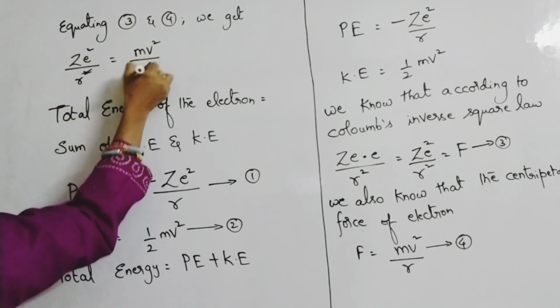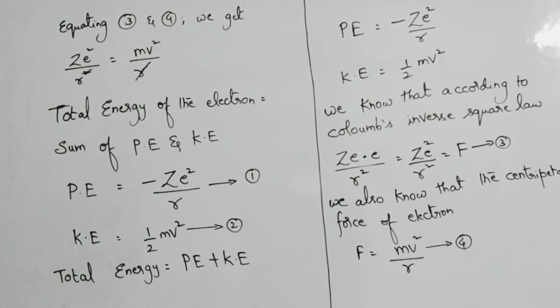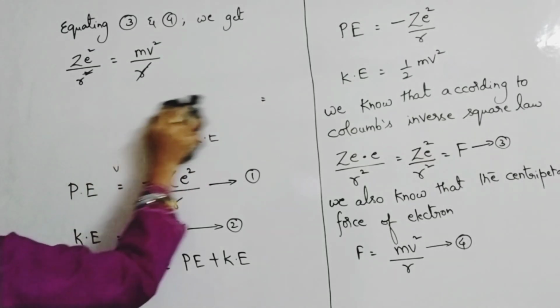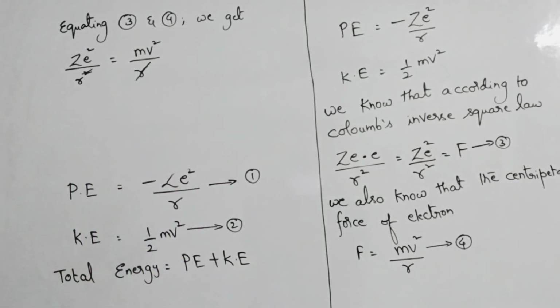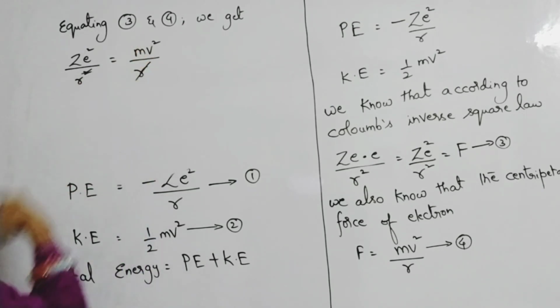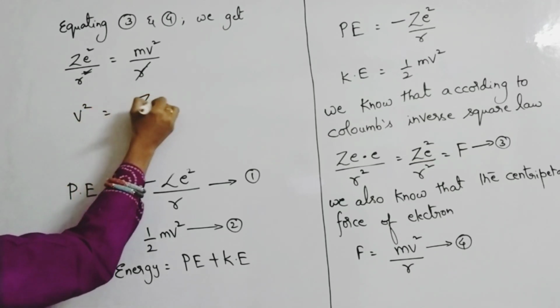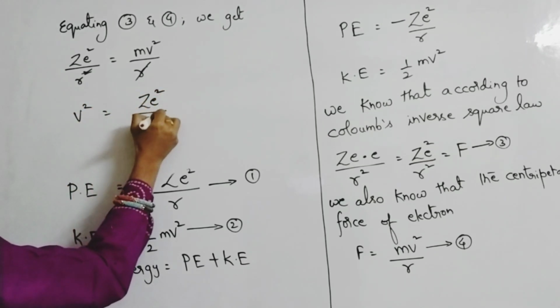If you take this as third equation and this as fourth equation, by equating 3 and 4 we will get the value of v square. Here r gets cancelled, and v square value, how much will you get? If you want only the v square value, bring this m to the denominator. So v square becomes Ze square by rm.